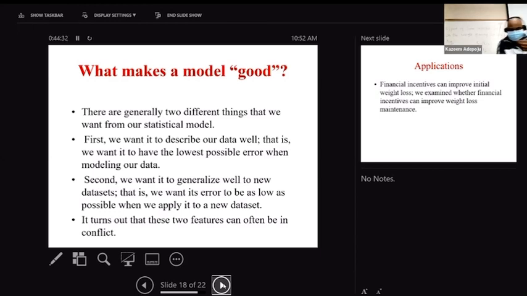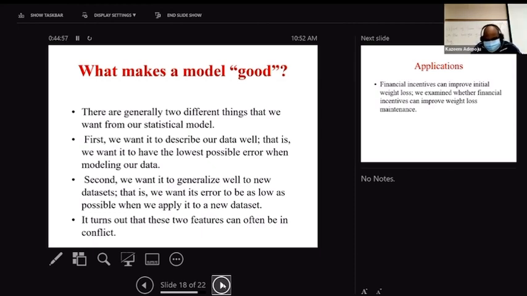That is, we want the lowest possible error. Of course, we cannot do without error, but we're going to be looking for the method that is characterized by minimal error. That's what we want.